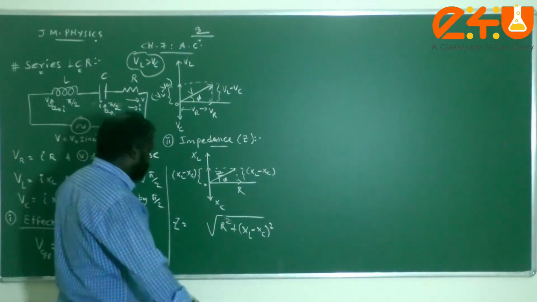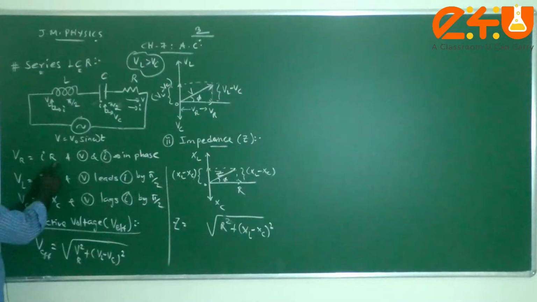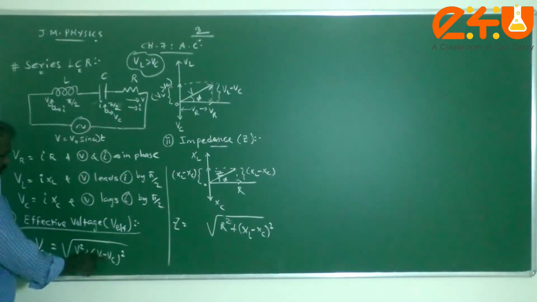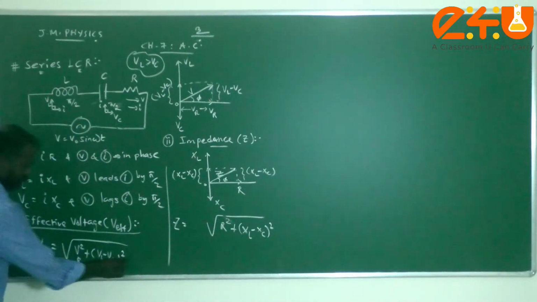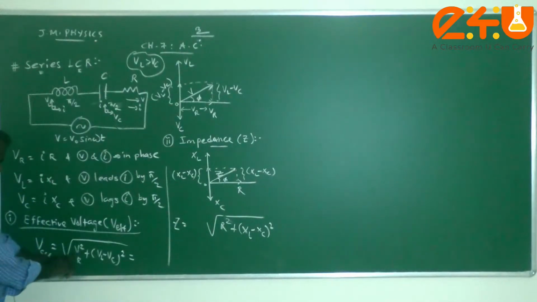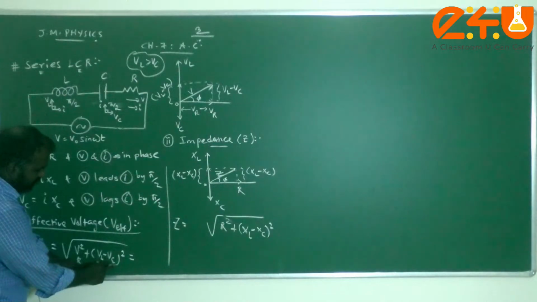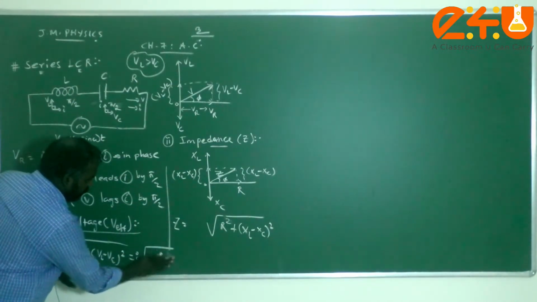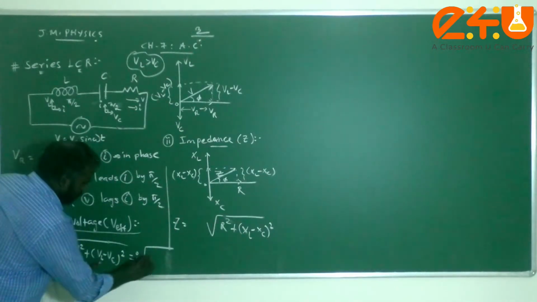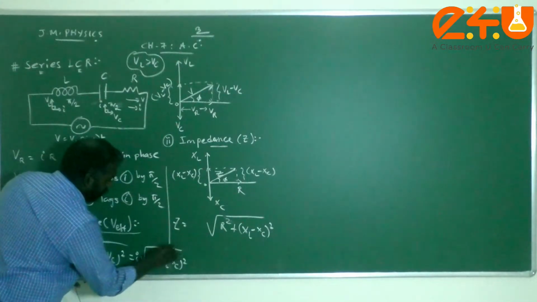You take this equation. We know that VR is equal to I into R, VL is IXL and VC is IXC. So here I can write this as one of the equations. The same equation can be written as I square R square plus, here also, IXL minus IXC. So I is taken outside common, so I into root of R square plus XL minus XC whole square.